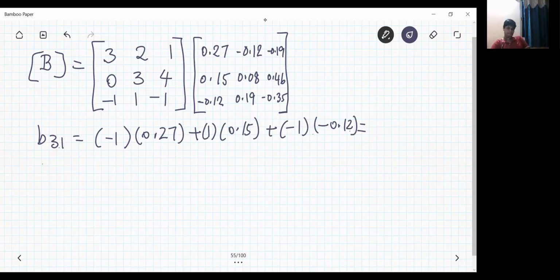So this is minus 0.27 plus 0.15 plus 0.12. So that is equal to 0.